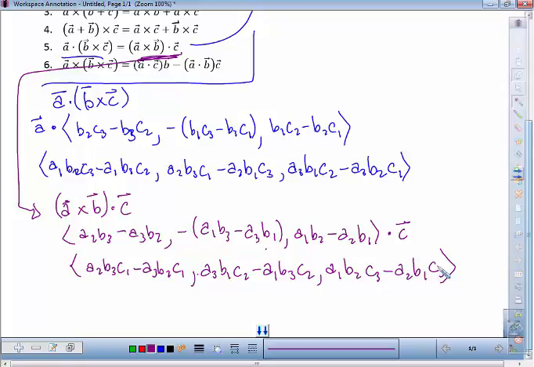All right. Are they looking alike? How are we going to make them look alike? They don't look alike, huh? Any ideas?